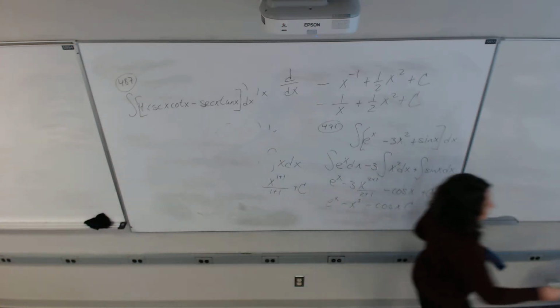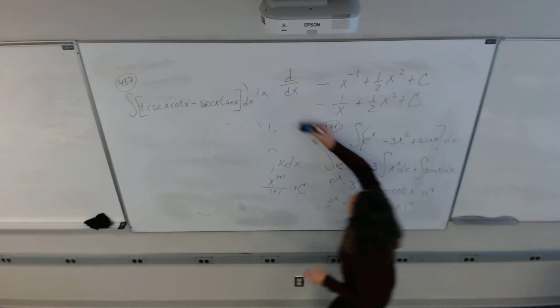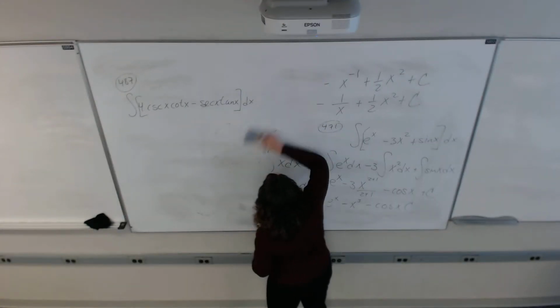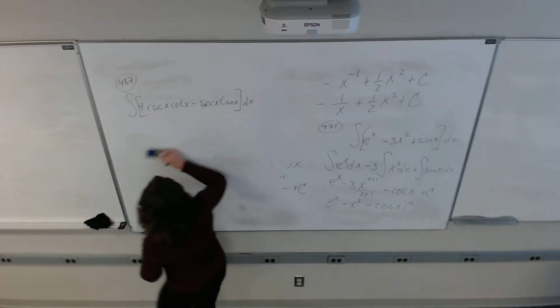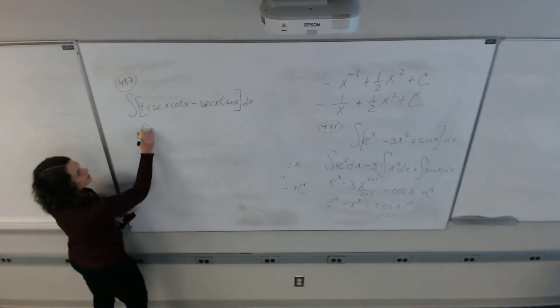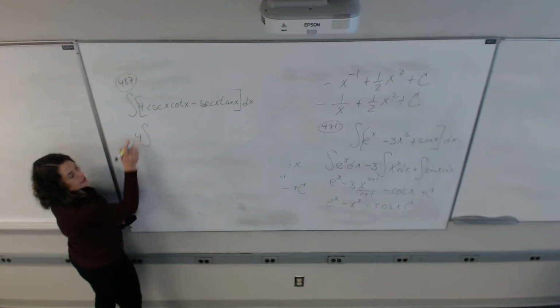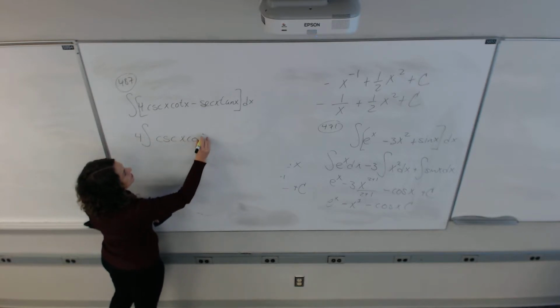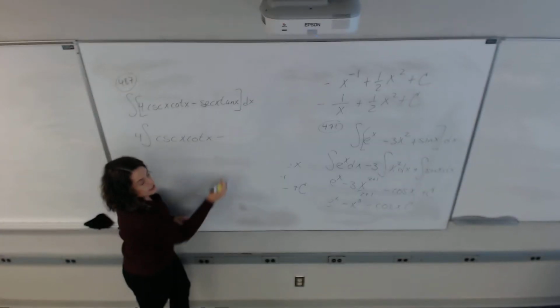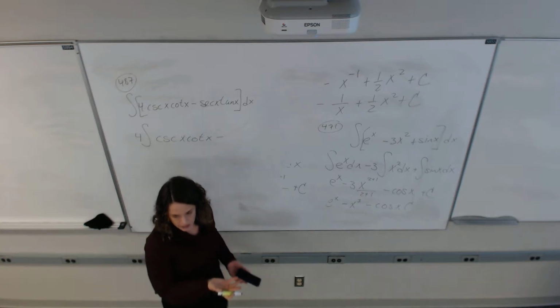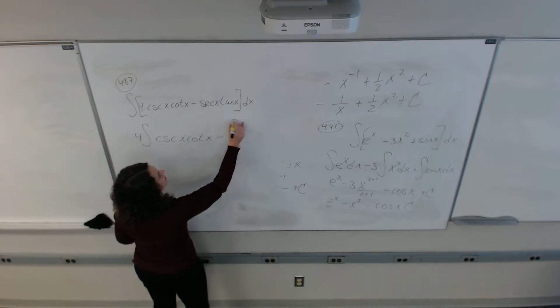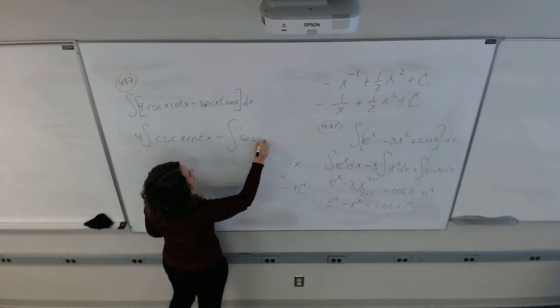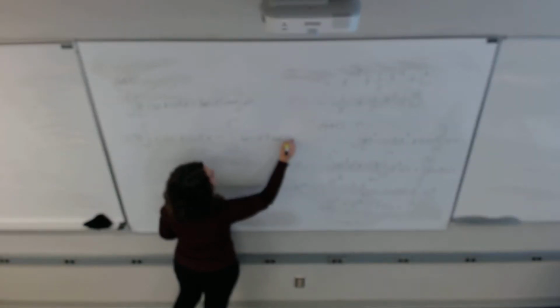So this is a difference rule, right? This one is just the difference of the two, but I would probably just go ahead and split them up. The constant comes outside, cosecant x cotangent x, minus, I treat the negative like a constant, just pull it outside the integral, and then you have secant x tangent x.